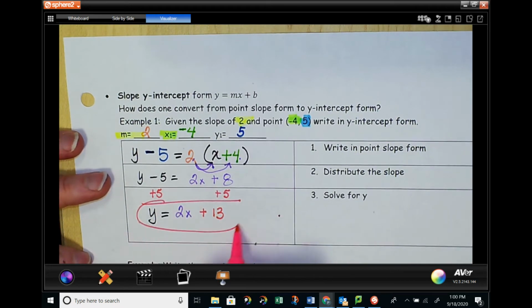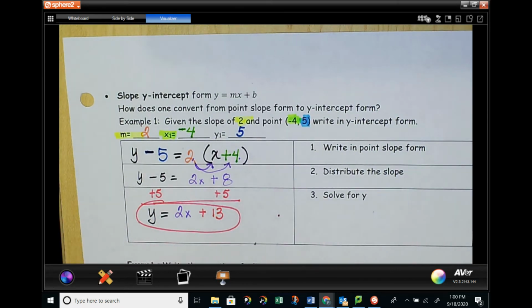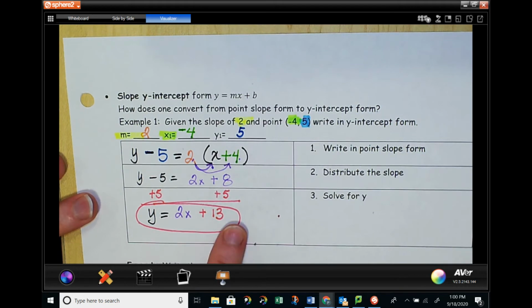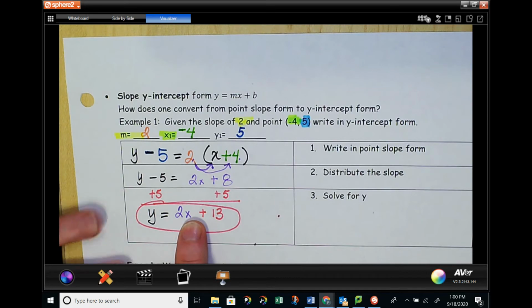And that is where you've solved for y. Now you have y equals mx plus b. So your y-intercept is 13, and your slope is still 2. Nothing changed, but now your y-intercept is 13.